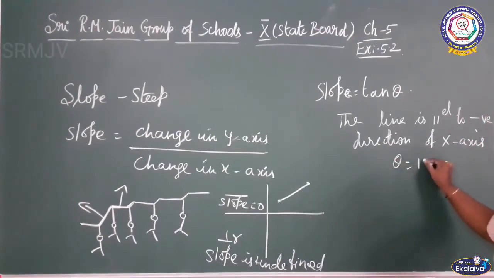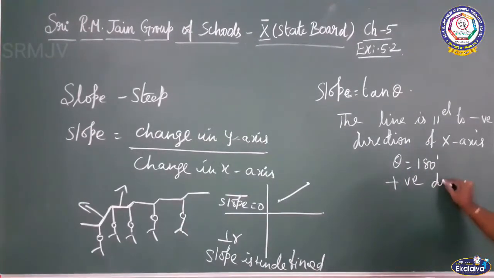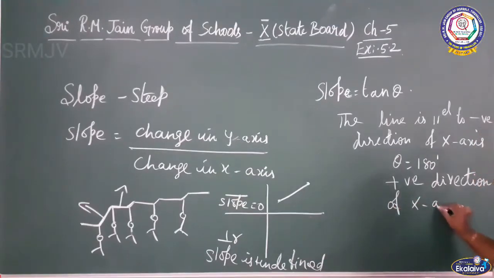Theta equals 180 degrees. If the line is parallel to the positive direction of the x-axis, then theta equals 0 degrees.